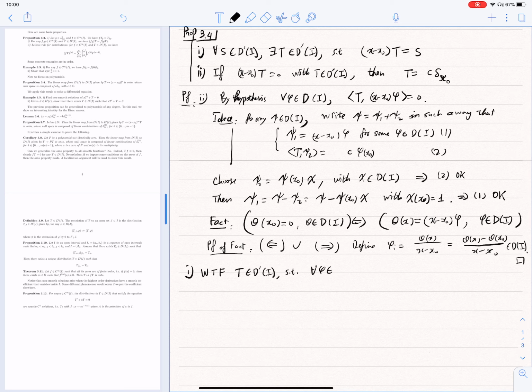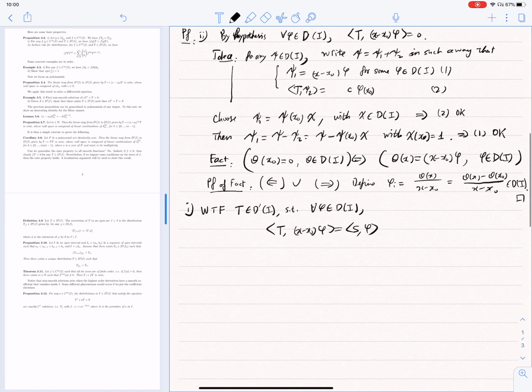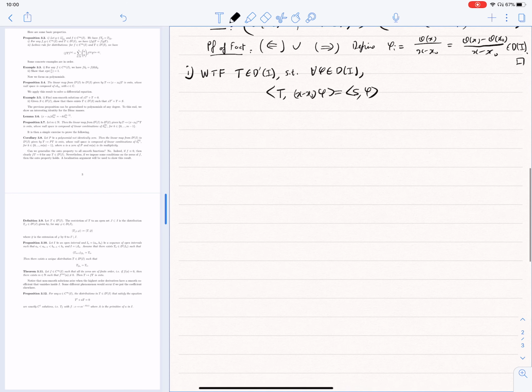such that for any test function we have the following. So this is precisely this equation. Now we want to find such a thing.